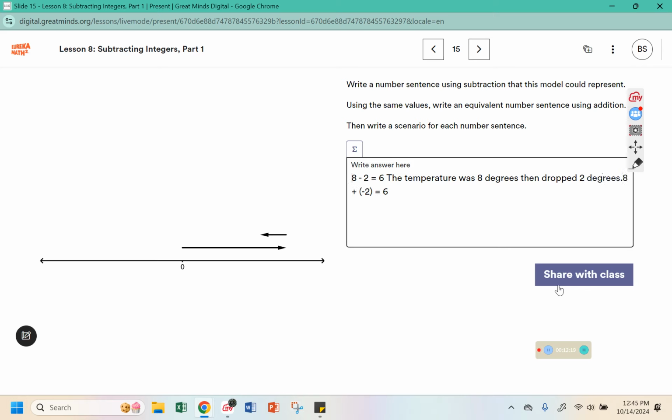And this one we could say the temperature started at 8 degrees, then went down 2 degrees.